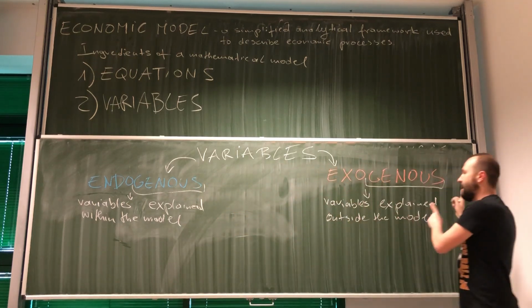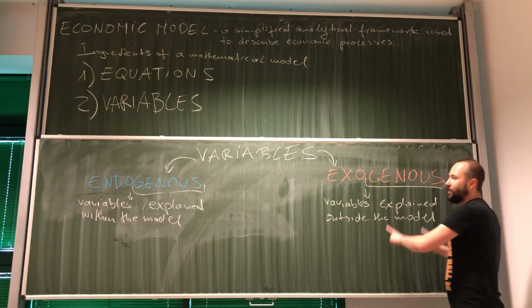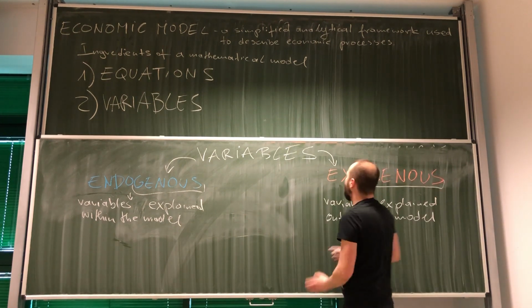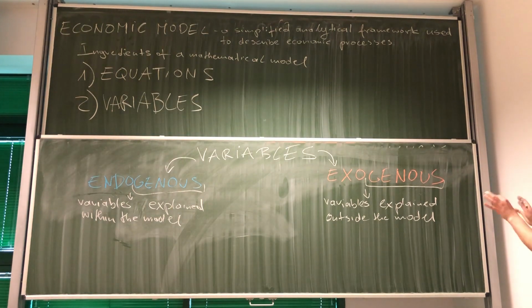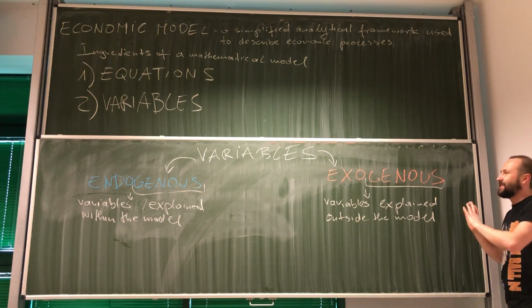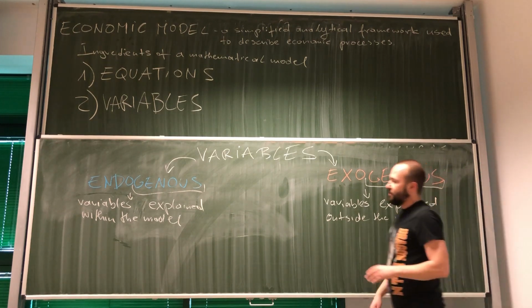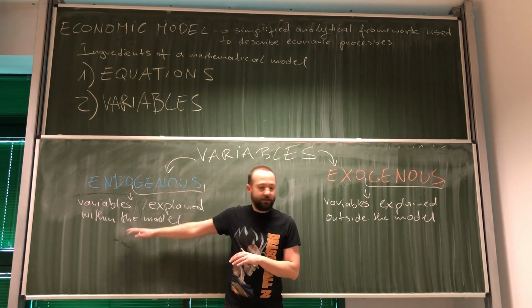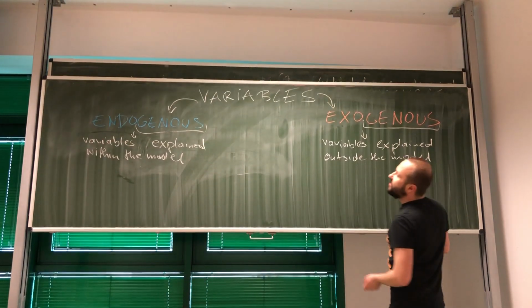However, the exogenous variables are the variables that we use to explain their behavior. So we are assuming that their behavior is specified in a given manner. We're not trying to explain why it is so. We're just using them to get the predictions on those. Okay, but this is not the end.